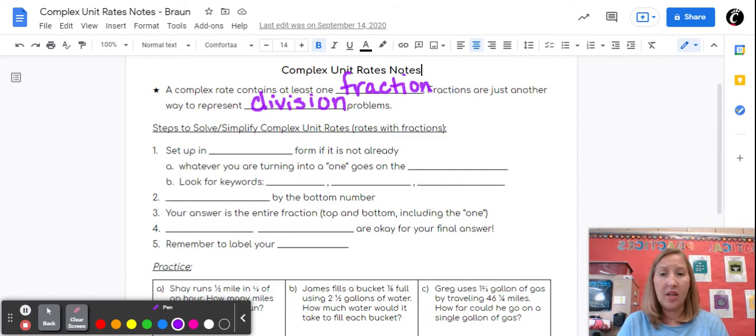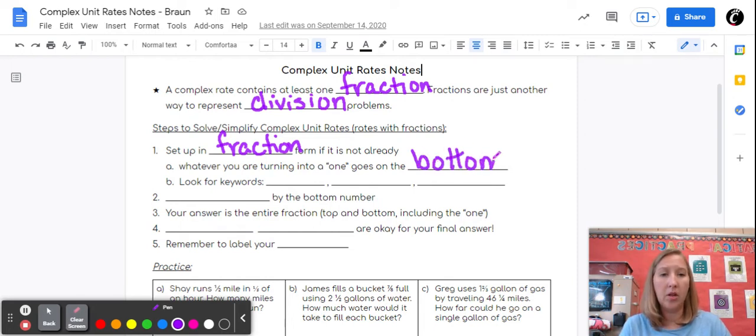So these are going to be the steps to solve or simplify complex unit rates, or again, rates with fractions. First, we're going to set it up in fraction form. So set up our ratio in fraction form if it's not already done so for us. And we want to remember whatever we are turning into a 1, right, our 1 goes on the bottom.